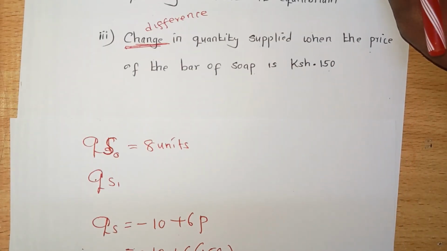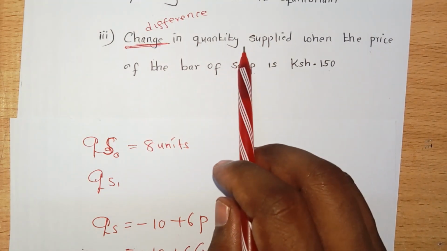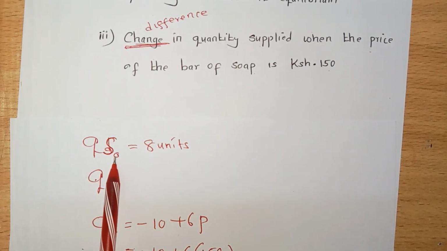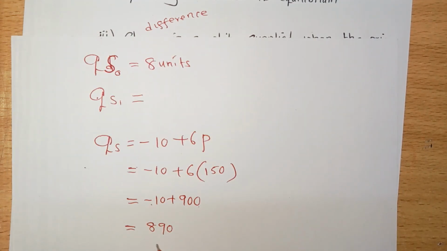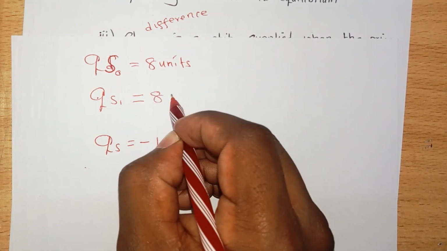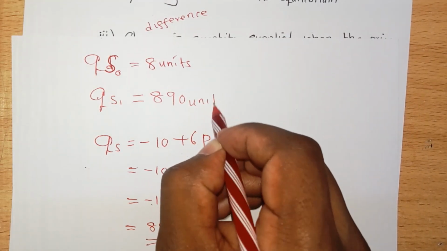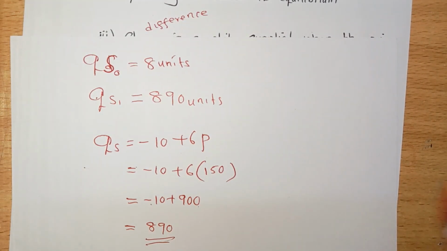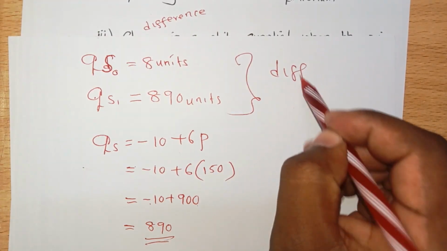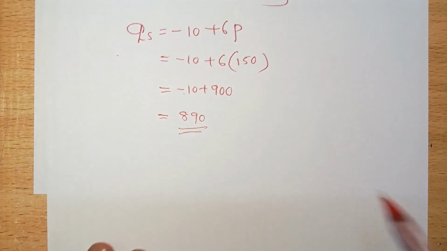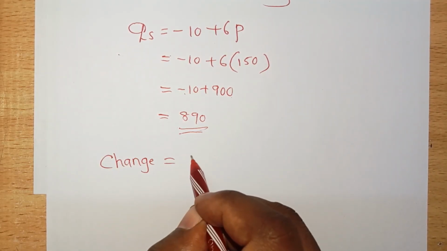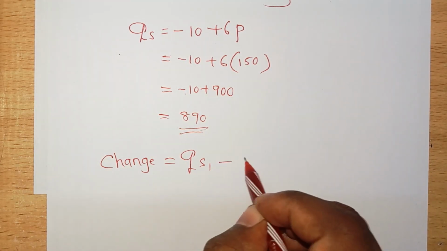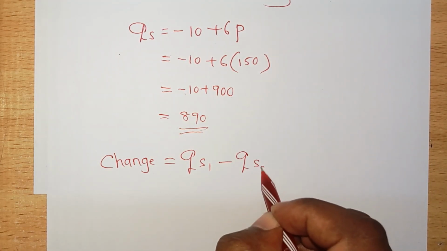And in our question, we are asked to find the change in quantity supplied. So this is our initial quantity supplied before the price adjustment, but the new quantity supplied, which is our QS1, we have gotten as 890 units. Now we are asked to find the change. The change means the difference. So for us to find the change, you take the new quantity supplied and subtract the initial quantity supplied.